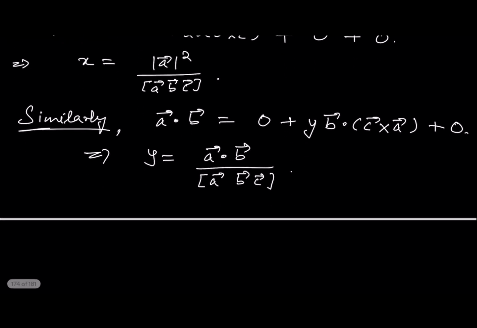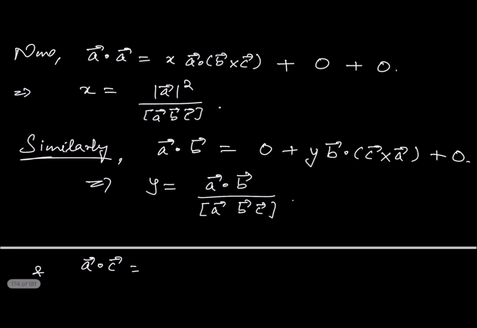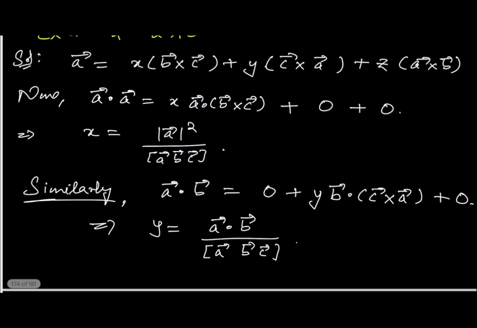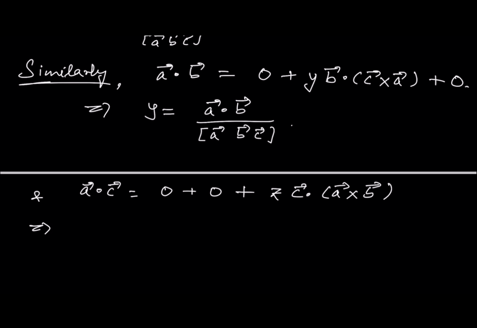Okay, and A dot C is equal to 0 plus 0 plus z times C dot A cross B. Okay, so from here we can get z is equal to A dot C on box ABC, right?